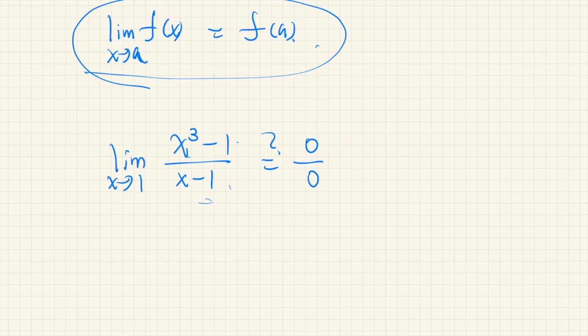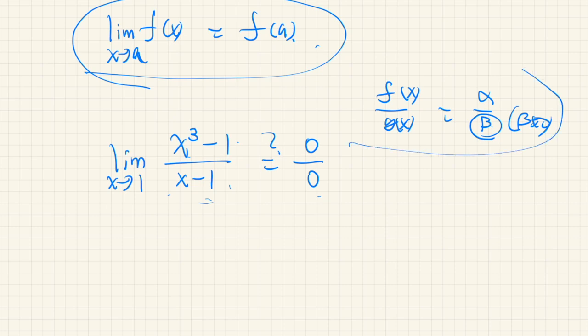It's not. Because in the previous theorem, the limit of the ratio of two functions is the ratio of limits, given that the beta in the denominator is non-zero. But in this case, the denominator converges to 0, so this theorem cannot be applied here. So this is wrong.